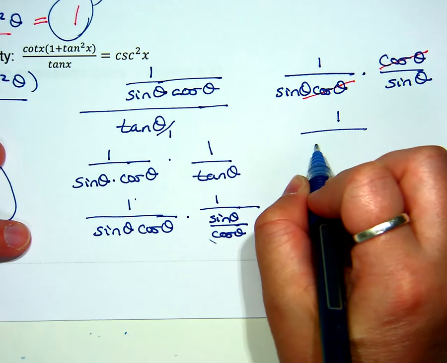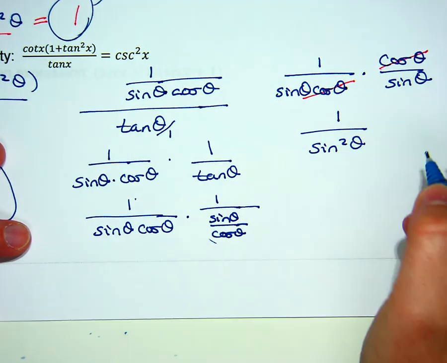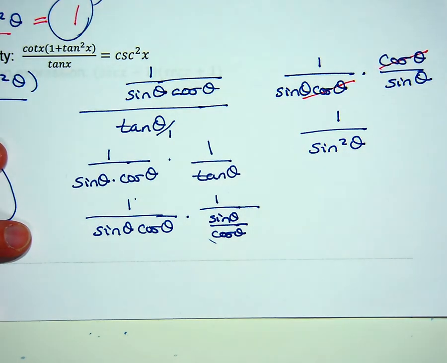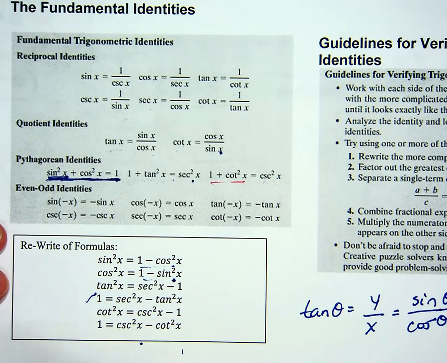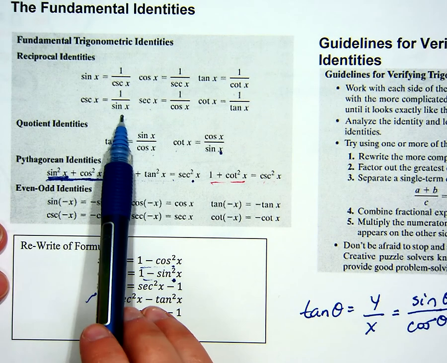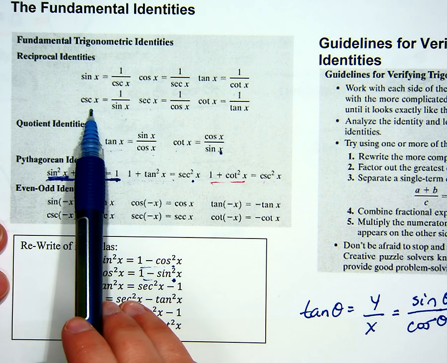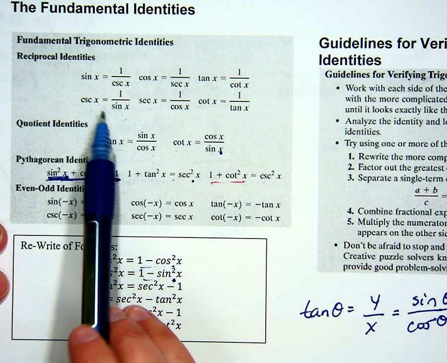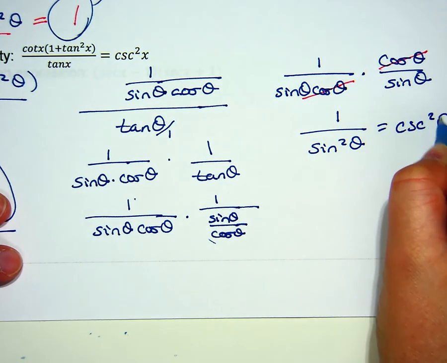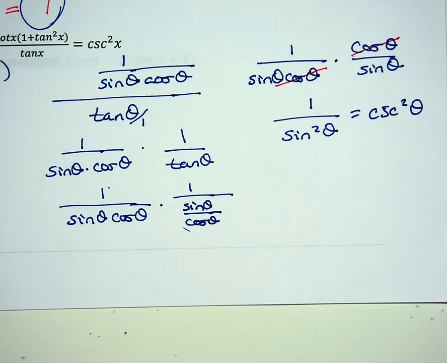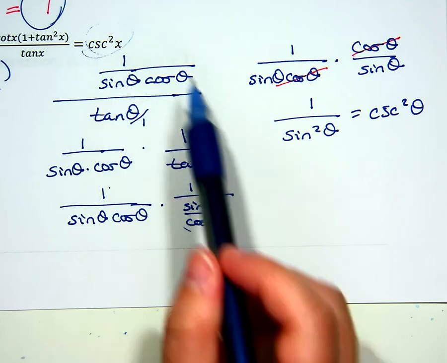So I end up with 1 over sine squared. I might know what 1 over sine is. Let's go see. 1 over sine is cosecant. So if I have 1 over sine squared, that means I have cosecant squared. And that's exactly what they wanted us to show.